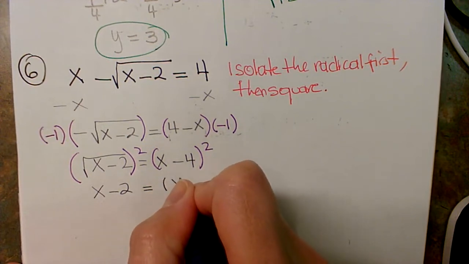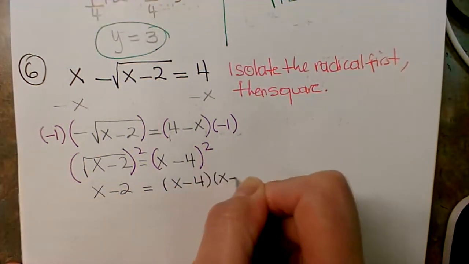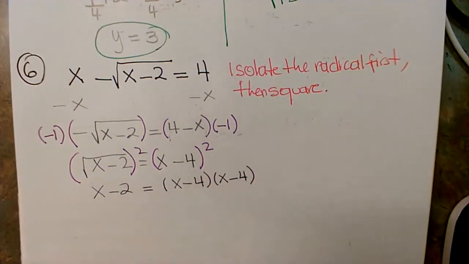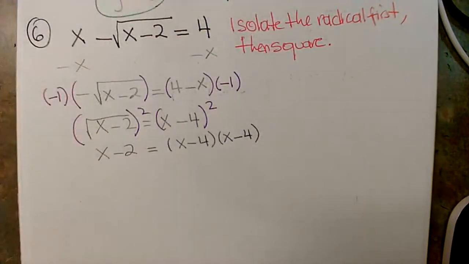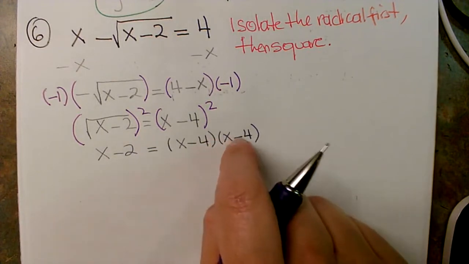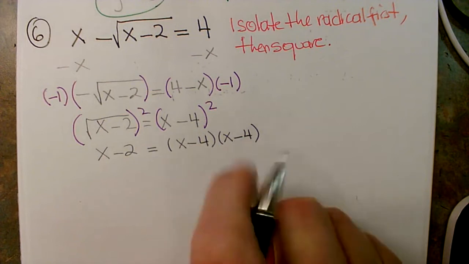This is equal to x minus 4 times x minus 4.